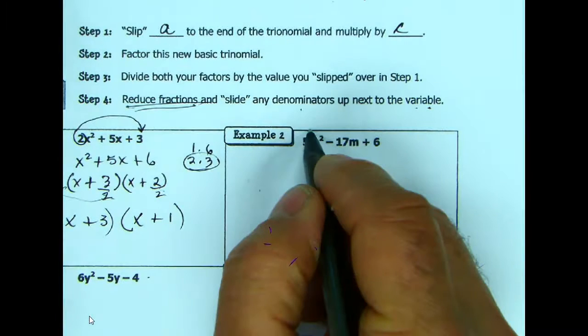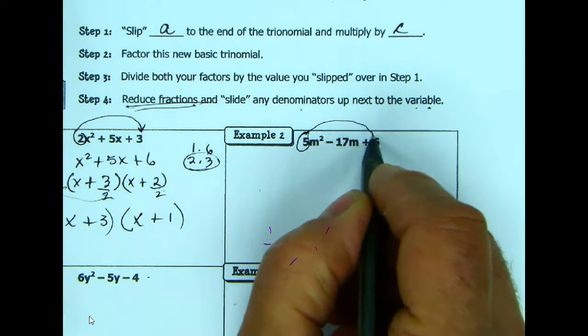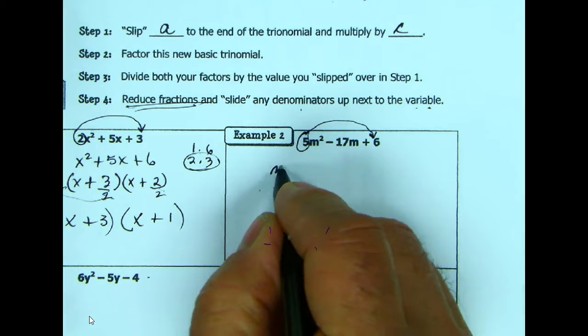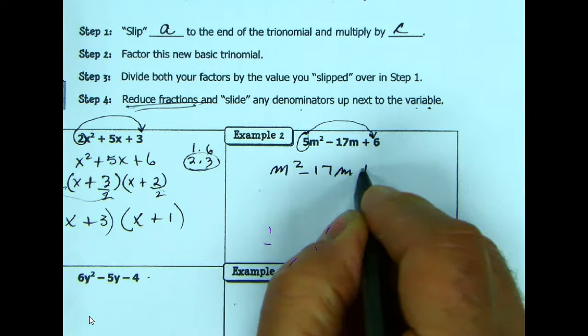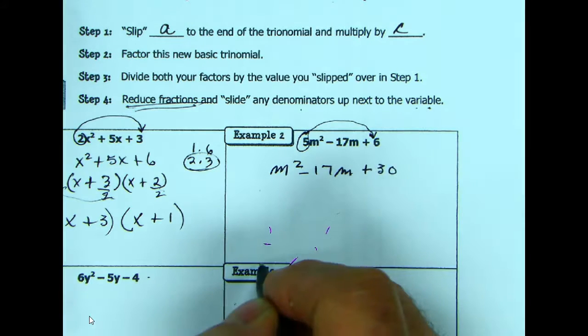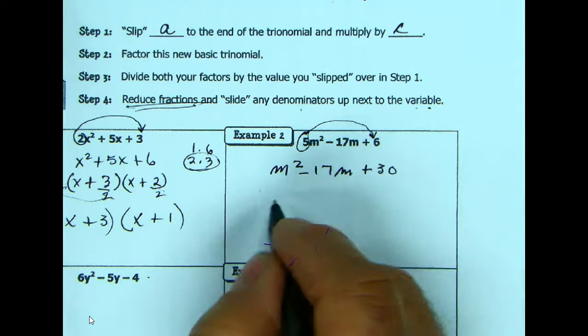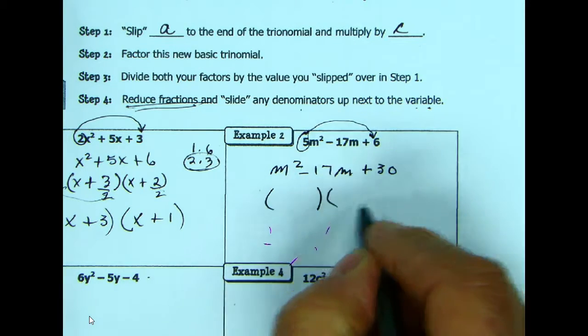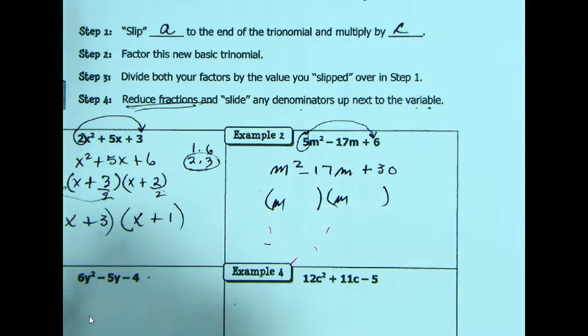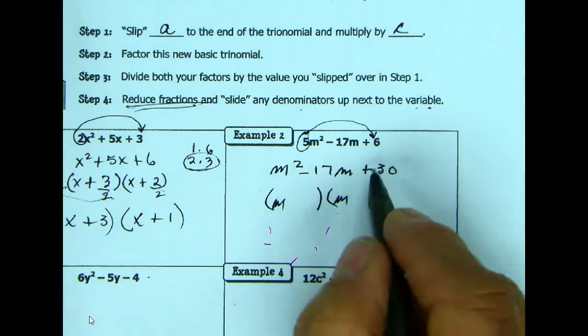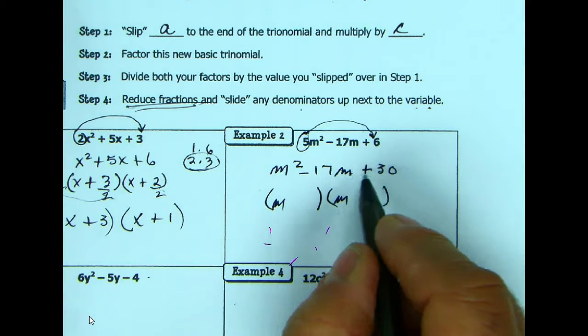You see that? Let's look at the next one. On this one, we're going to take the 5 and slide it over here to the end. So it's going to leave me m squared minus 17m plus 5 times 6, 30. Now I'm going to set up to factor this. So open parentheses here and here, and m here and m here. Next step, I'm going to look at my signs. Either both positive or both negative.